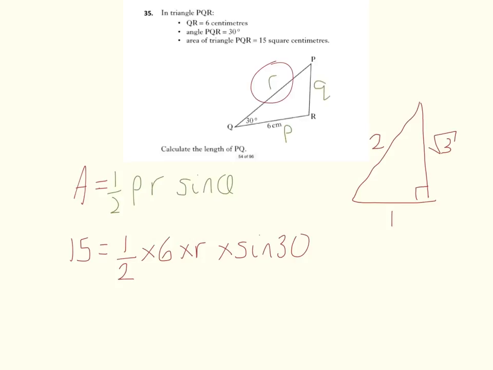In an equilateral triangle all the angles would be 60 degrees, but if we cut the top in half, this would be 30 degrees.